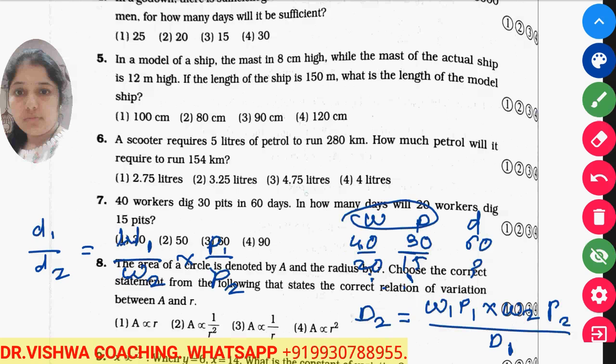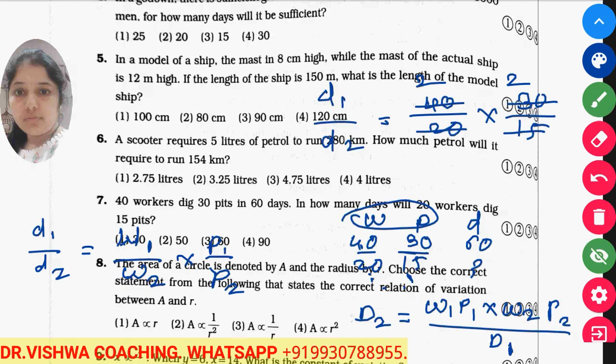Now you solve by any one of the methods. Now put the values. 40 upon 20 into 30 upon 15. 15 ones are 15, 15 twos are 30, 20 ones are 20, 20 twos are 40. Now is equal to D1 upon D2.